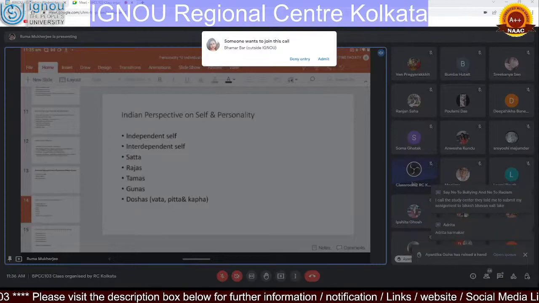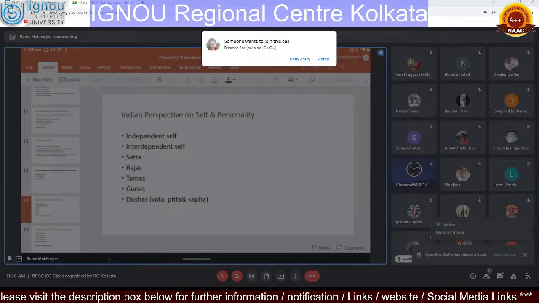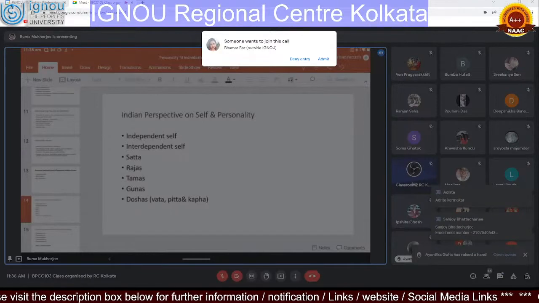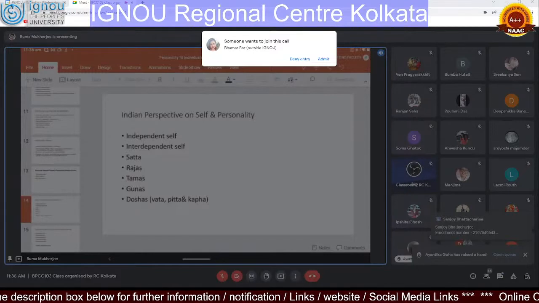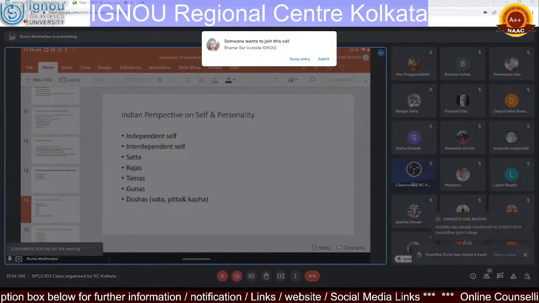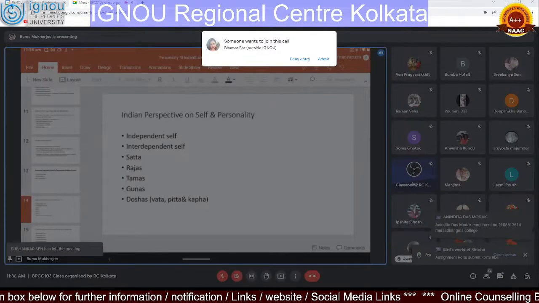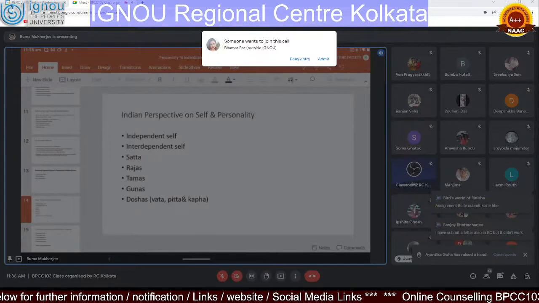So one of the three should dominate the others, and the interplay of these three are known as the gunas that I told you. That means the qualities or the tendencies. And Ayurveda also mentions the three doshas.